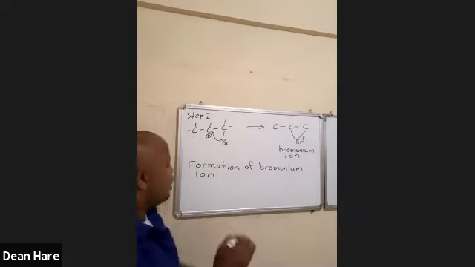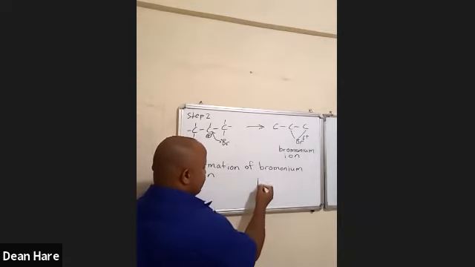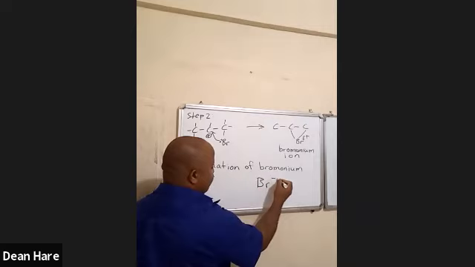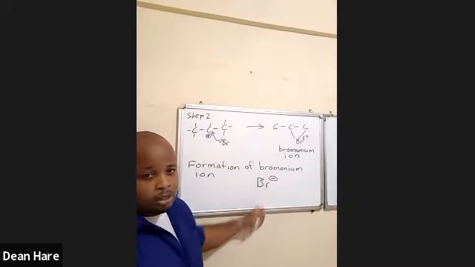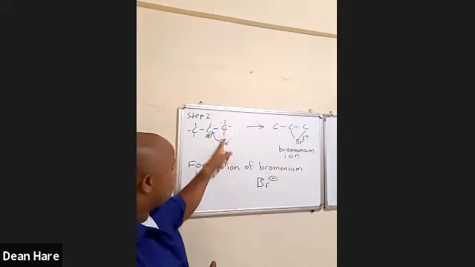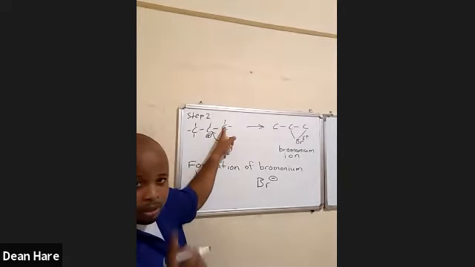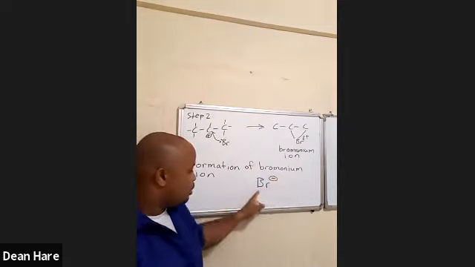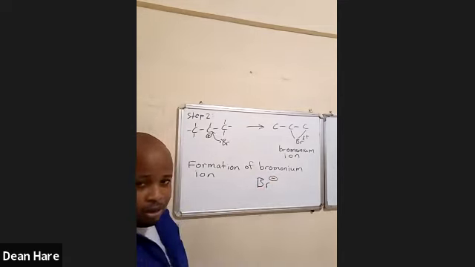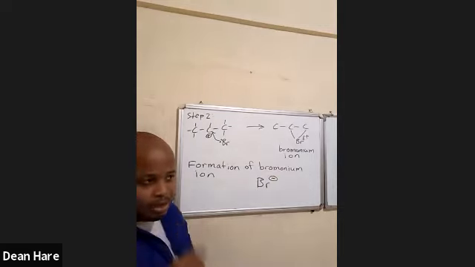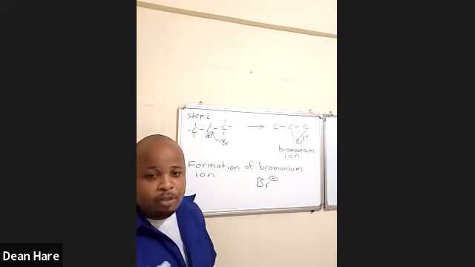In step 1, I don't remember if I put it, but ensure as a part of the product, you put the bromide ion as well. So remember, when this was attached to the carbon, we will get the other bromine atom forming a bromide ion because it gained the electrons from the bond.